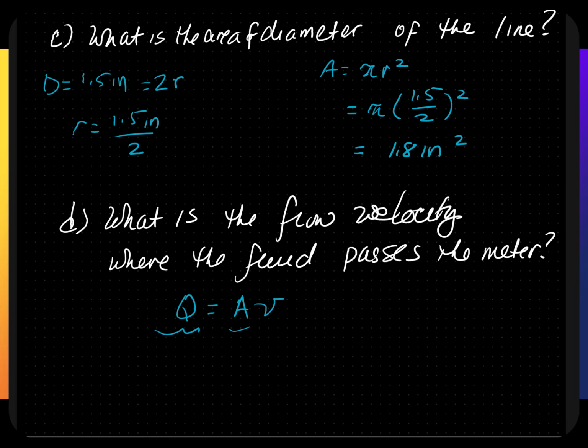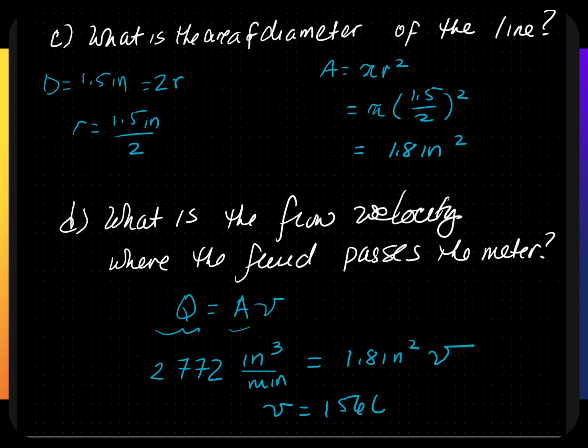So the Q, we calculated above as 2,772 inch cube per minute. We calculated the cross area right above in part C, which is 1.8 inch square, and we're looking for the velocity. By plugging in, this becomes approximately 1,566 inch per minute. The biggest issue in this section is you need to make sure the units are alike.